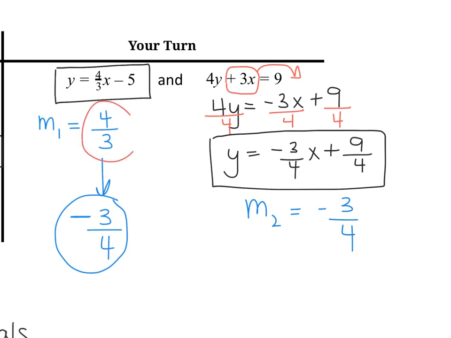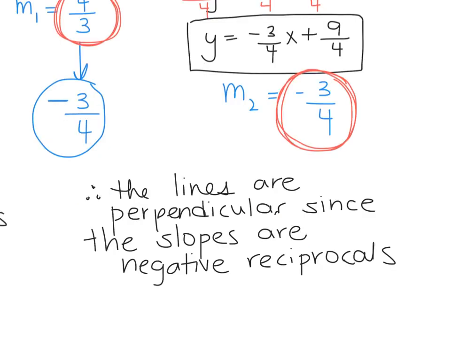So M1, with a slope of 4 over 3, its negative reciprocal shows up in equation number 2, negative 3 over 4. This means that these two lines are indeed perpendicular lines. So we can conclude that the lines are perpendicular since the slopes are negative reciprocals.